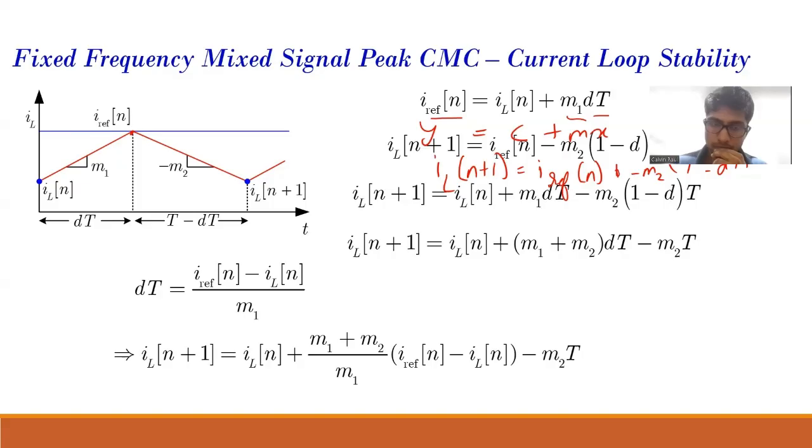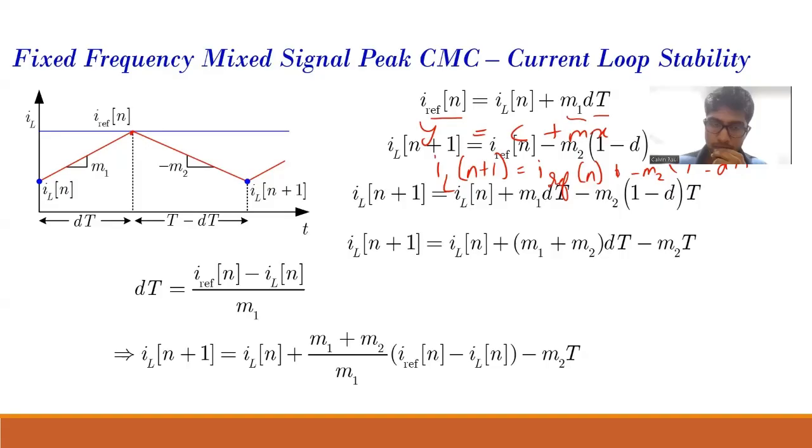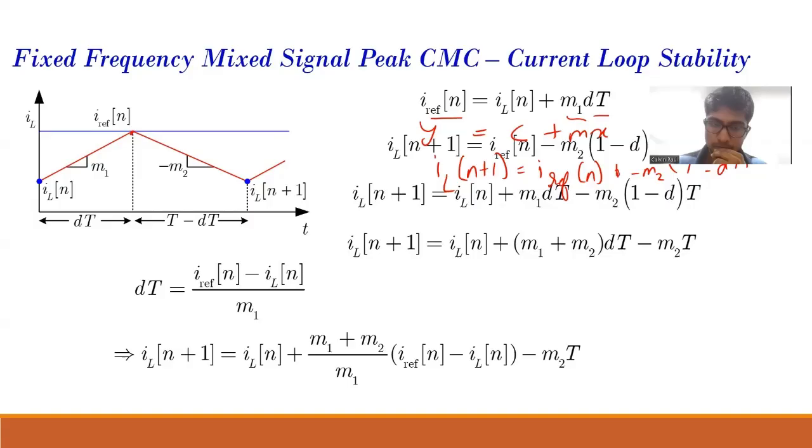Sir, here it seems to be V0 by Vn minus V0. Where? M2 by M1. This M2 should be V0 and M1 should be Vn minus V0.